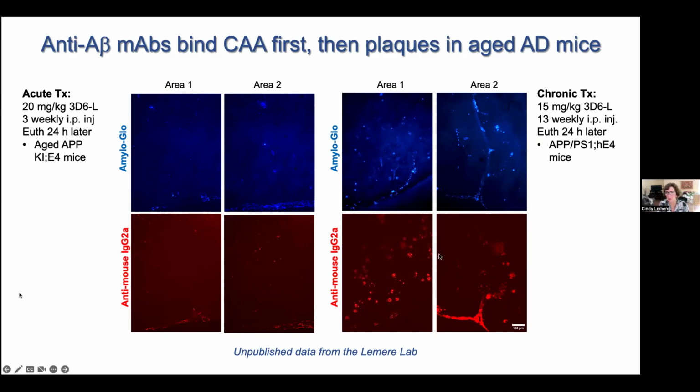However, in mice that were treated for 13 weeks, the antibody labeled vascular amyloid, but it also labeled a lot of plaque amyloid. And so we think that the antibodies are actually going in and binding to CAA first, and then eventually, after some vascular inflammation and maybe some leakage of the blood-brain barrier, more of the antibodies are getting into the parenchyma, and that's why the clearance of plaques may be taking a little bit longer.